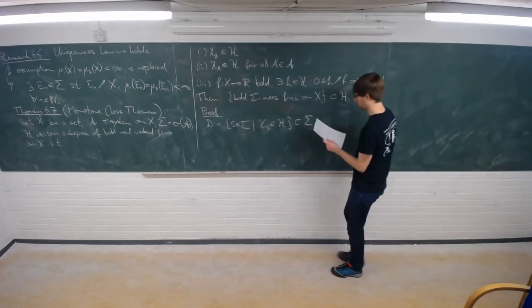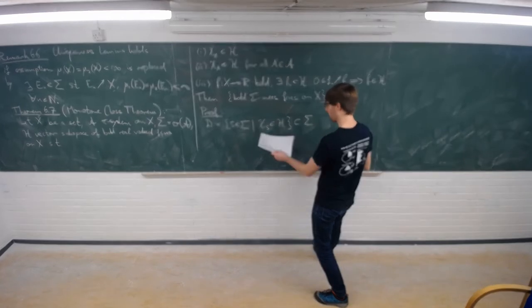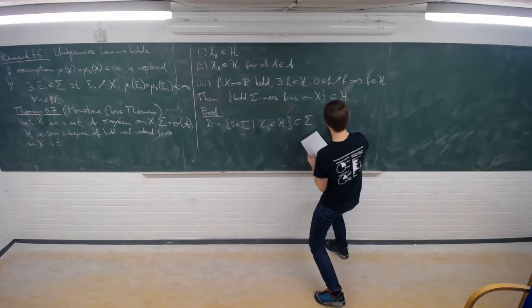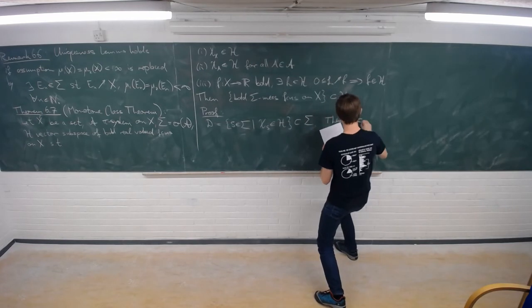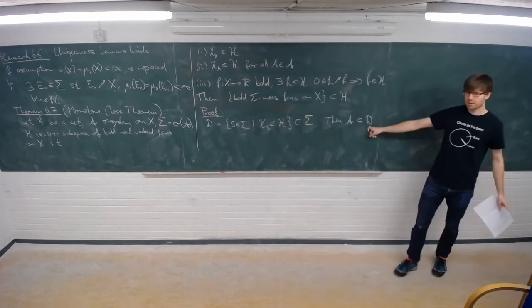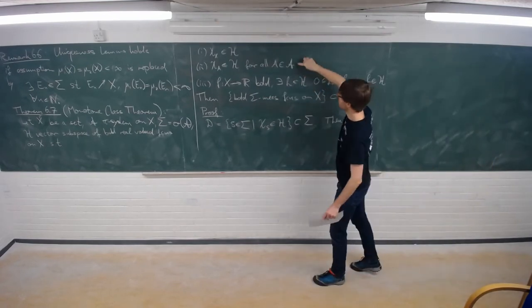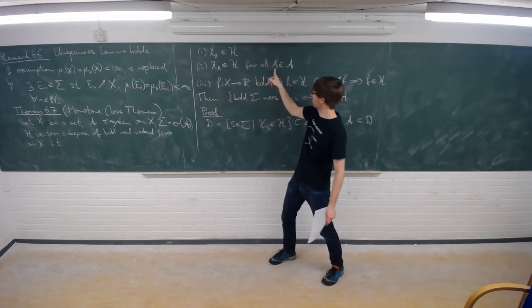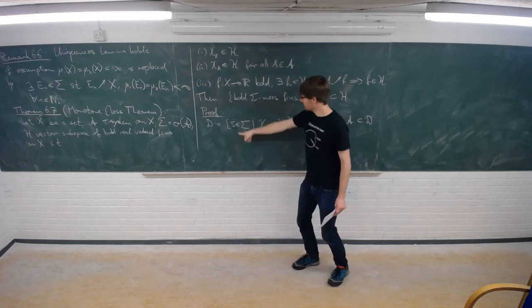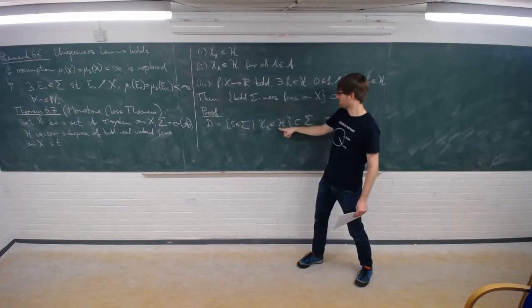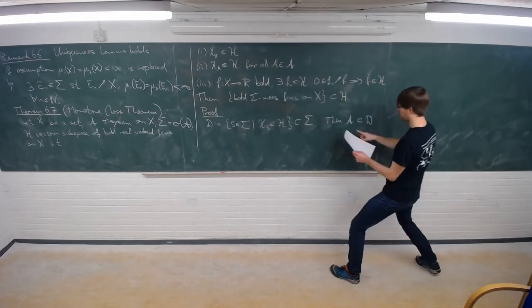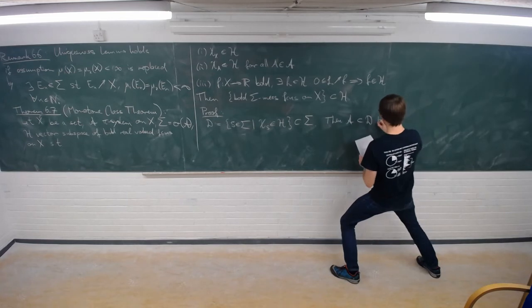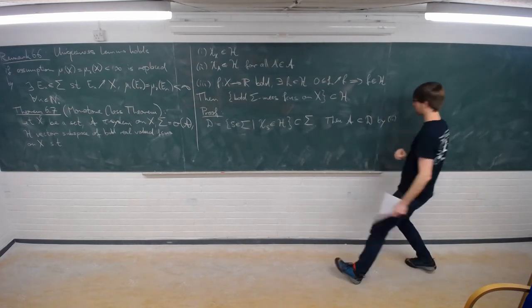And in addition, we know that A is a subset of D because of this second hypothesis. Every characteristic function of elements in A is in H, and D is precisely the set of sets where the characteristic function is in H. So this pi system A is a subset of D by assumption 2.